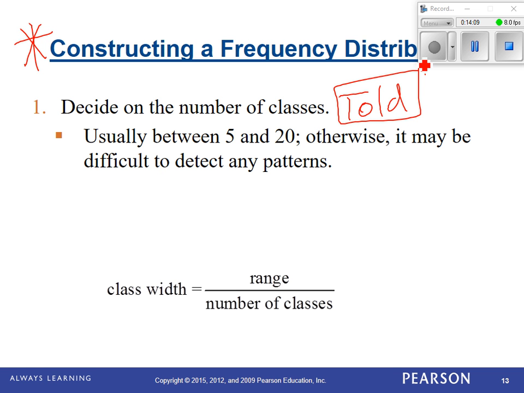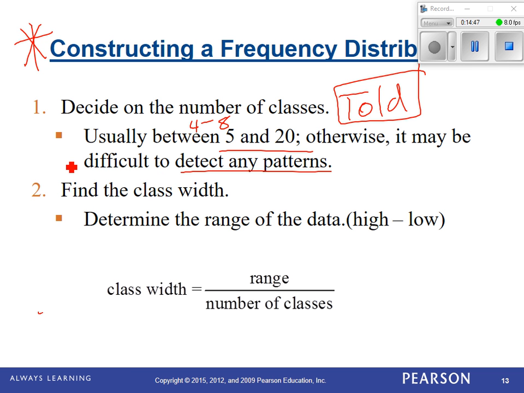It's usually between 5 and 20, and actually it's usually something like 4 to maybe 7 or 8, because once we get up to 20, that's an awful big frequency distribution, and it's a lot of work. And this says difficult to detect patterns. If you try to separate everything off and do each number separately, then it's real hard to see any kind of patterns going through all the data.